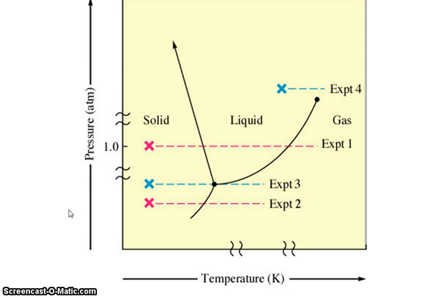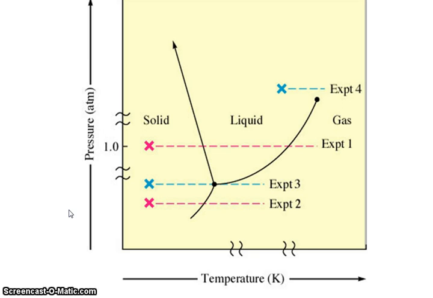Now let's look at experiment number 3. If we start at a low enough temperature, our substance starts out as a solid. And as we increase the temperature, eventually we get to a point where all 3 states coexist at one time. This particular point is called our triple point.